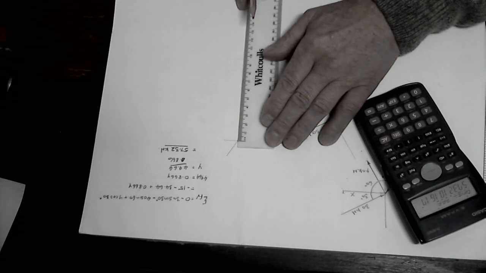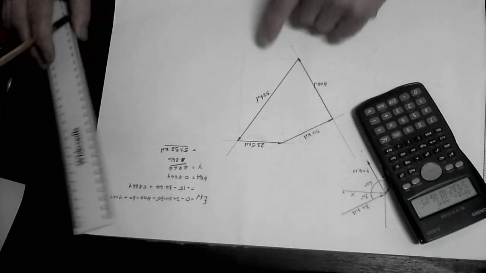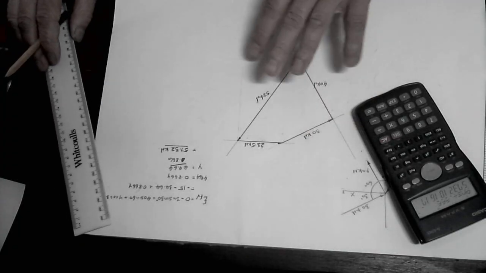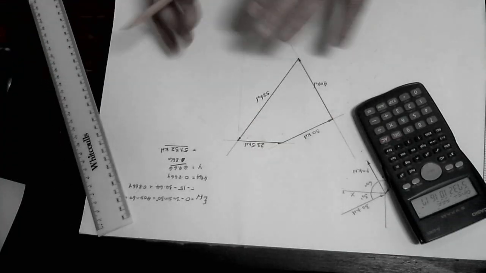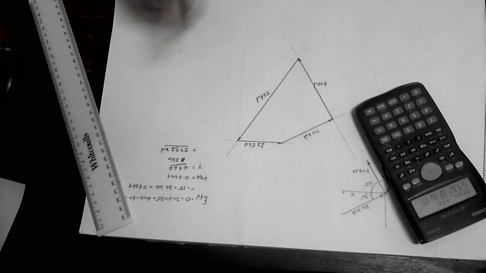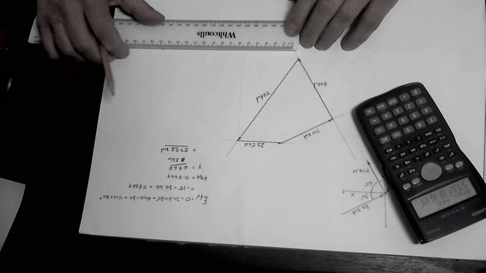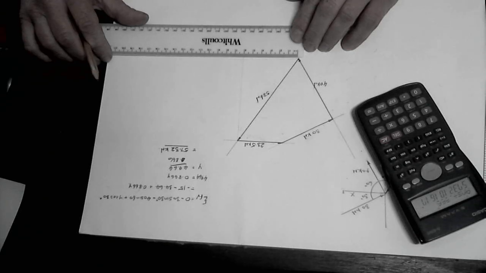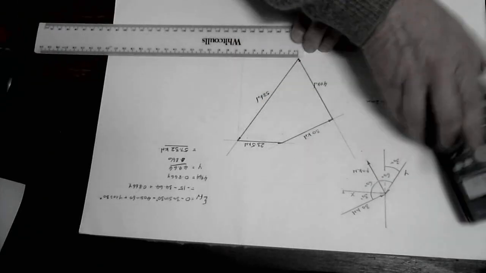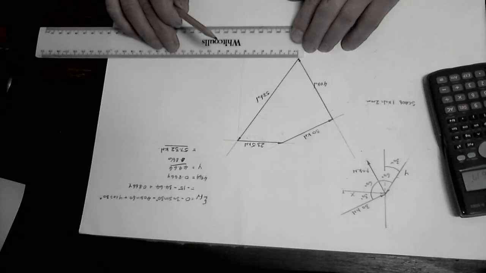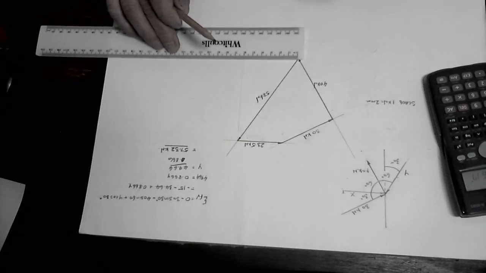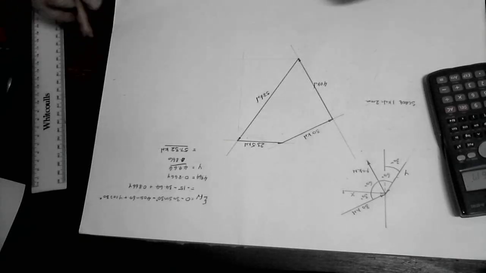Mine's not that accurate, it's a few millimeters out, because I didn't really measure those angles, but it looks like it's right. That's one way of validating what we've done, and we can also say that the horizontal component of this vector here is going to be somewhere in the region of maybe 30. Anyway, let's see how we go.